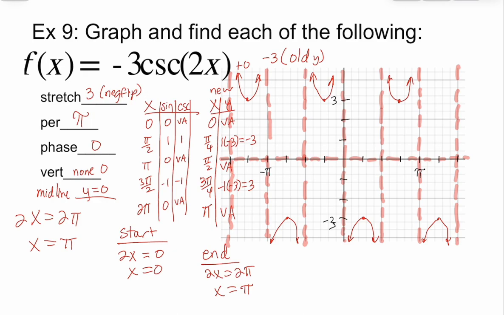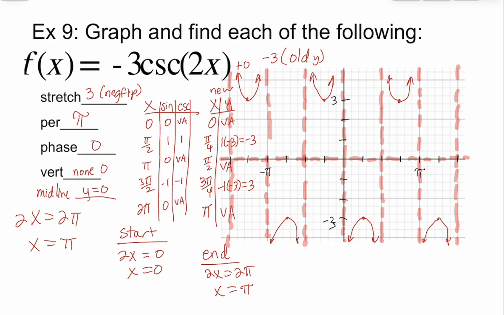Are there any questions about the graph that we ended up getting? Okay, let everybody catch up, and then we are going to do another one. Everybody good?